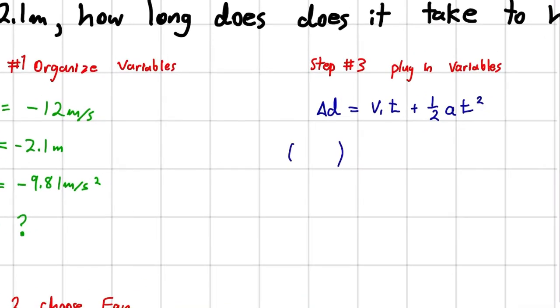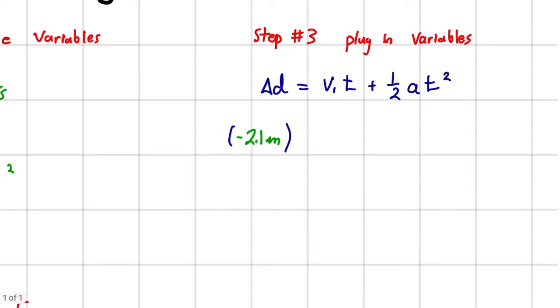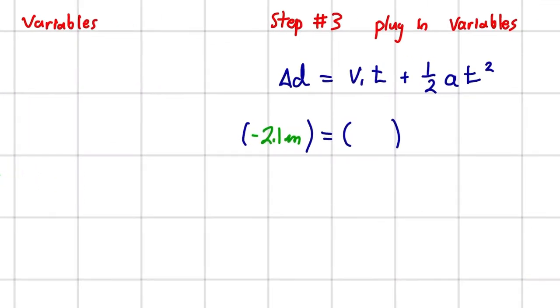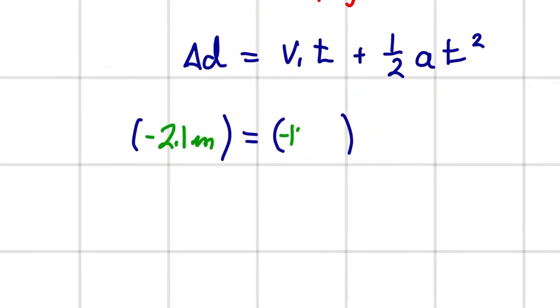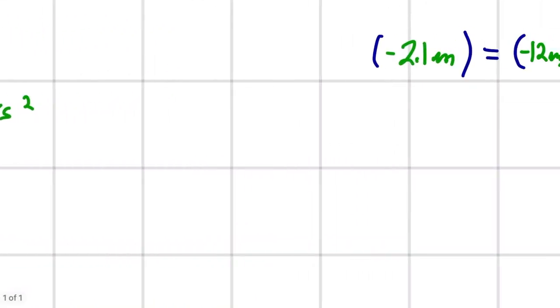So our delta d is going to be negative 2.1 meters. Moving on to our v1, we have a v1 of negative 12 meters per second. And we have the time, and what is our time? Well, that's our unknown.